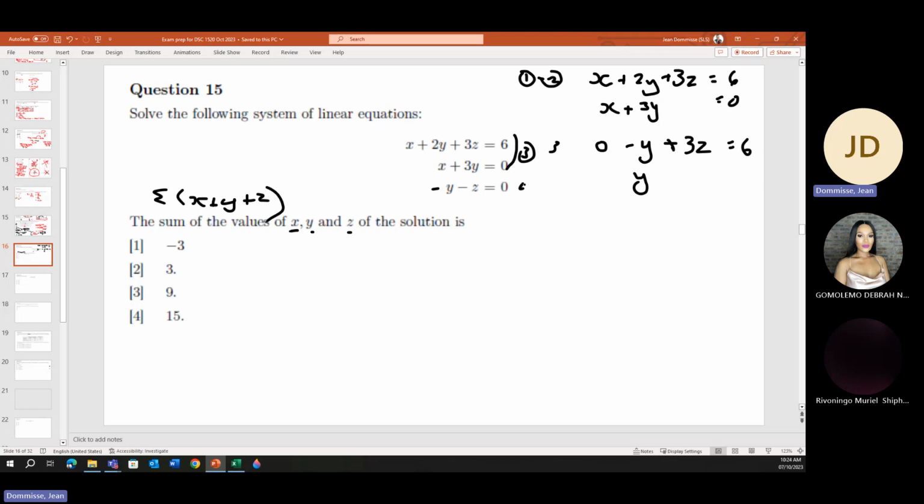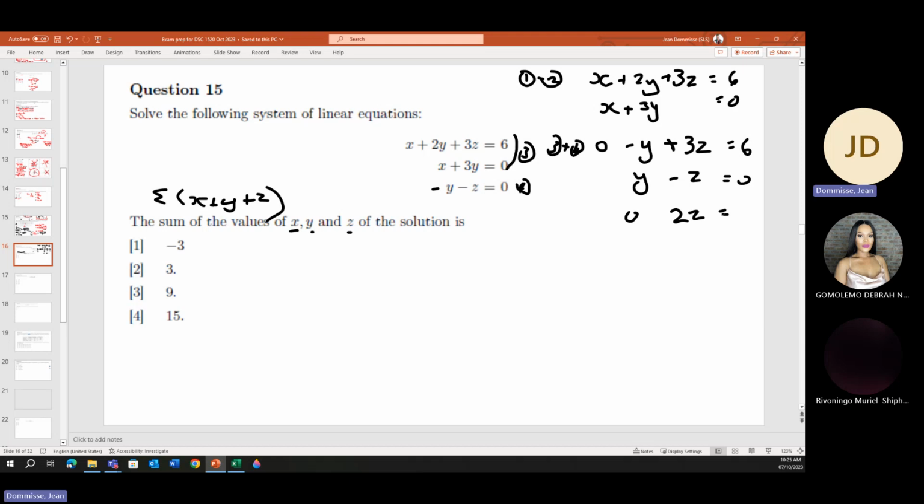And I can work with the last one. So I can say formula 3 plus formula 4. So minus y plus y is 0. 3z plus minus z is 2z.